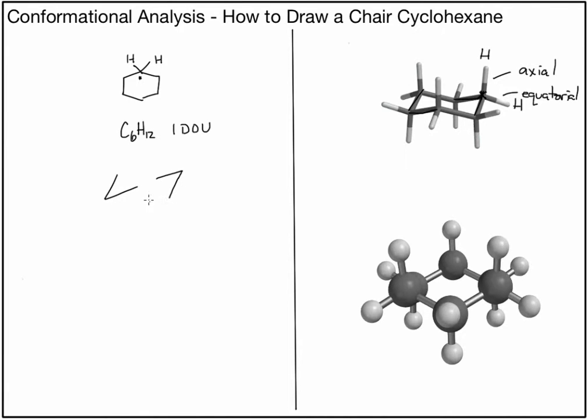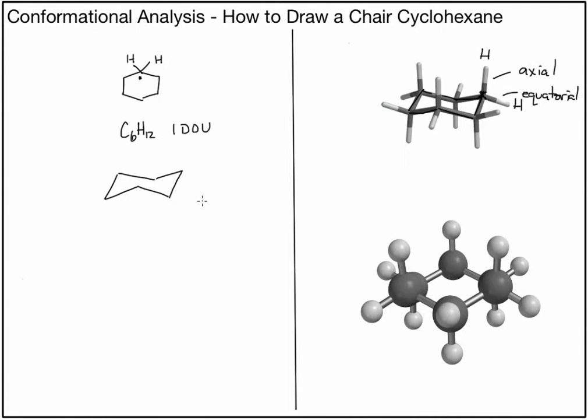Now what remains to be done is connecting the two through parallel bonds. So here's one, and the remaining bond that's parallel to that is here. So we've just connected these 2 V shapes, and we have the basic chair down.